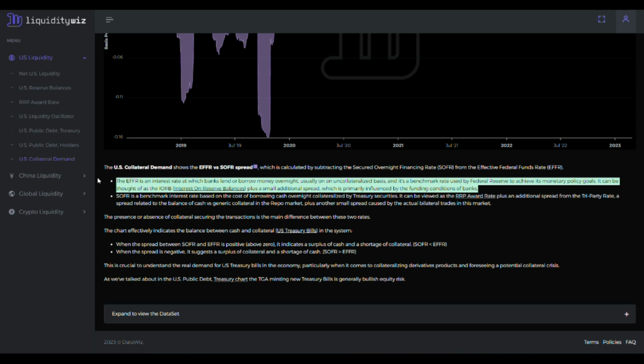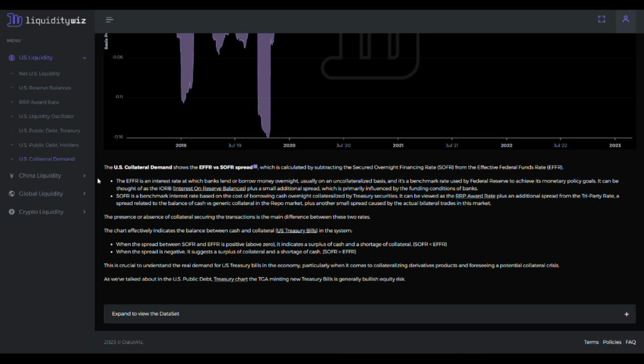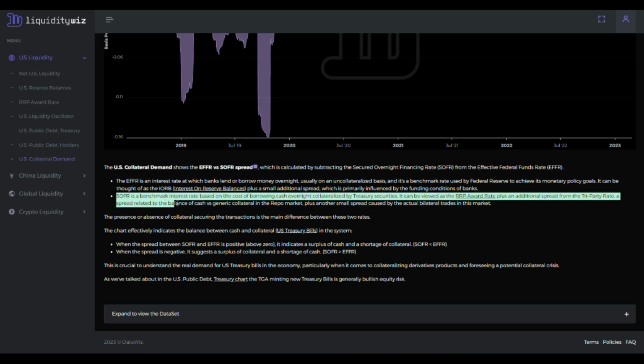It can be thought of as the IORB plus a small additional spread, because the IORB is the least amount of returns that the banks can have by depositing their excess reserves at the Fed, as we explained in our last video. And the spread would be influenced by the funding conditions of banks, so actual demand for those reserves.